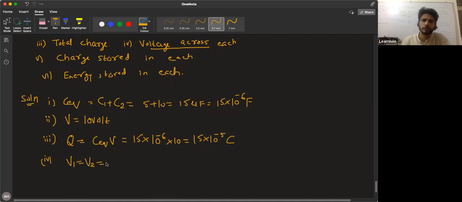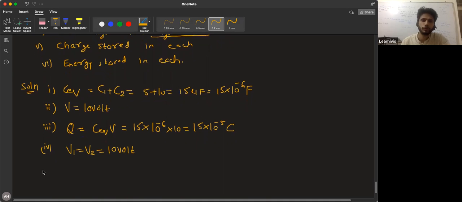In parallel, the voltage drop across each capacitor remains the same. V1 is equal to V2, equal to 10.